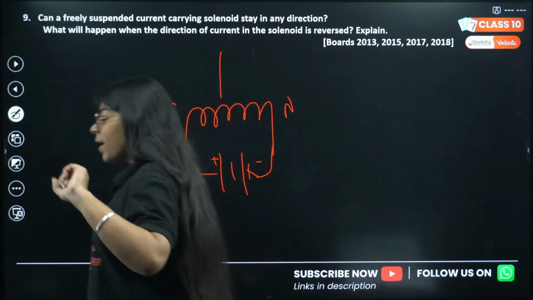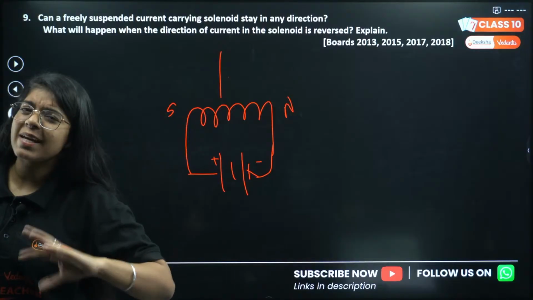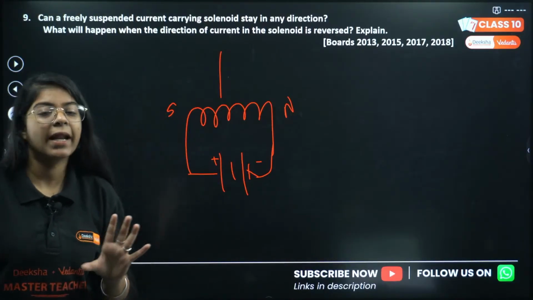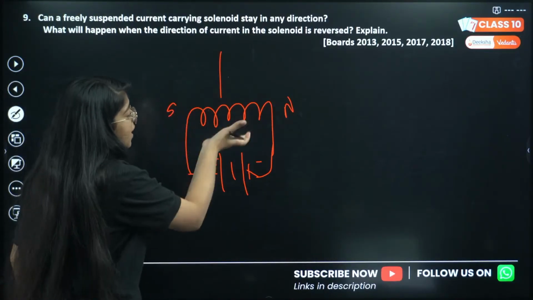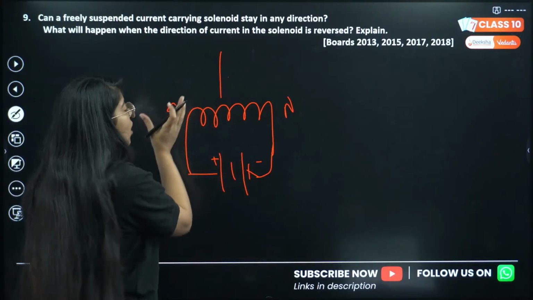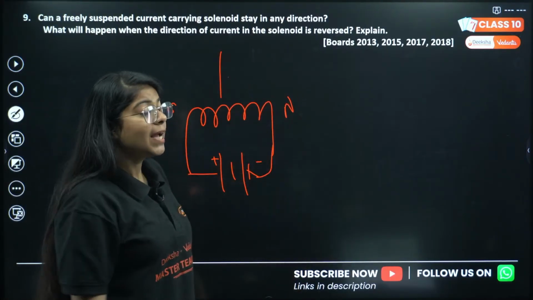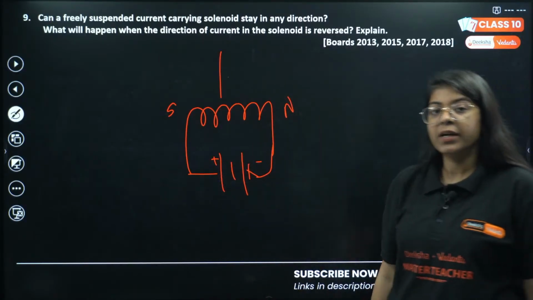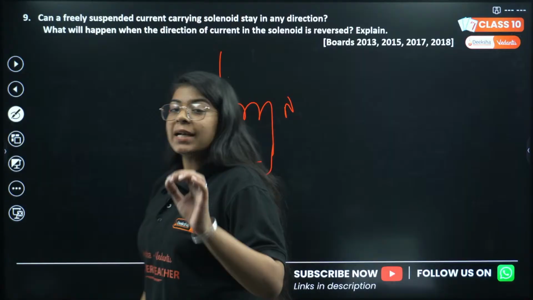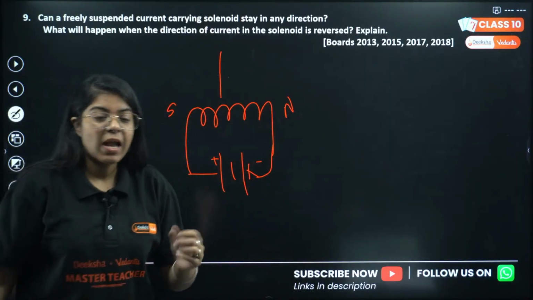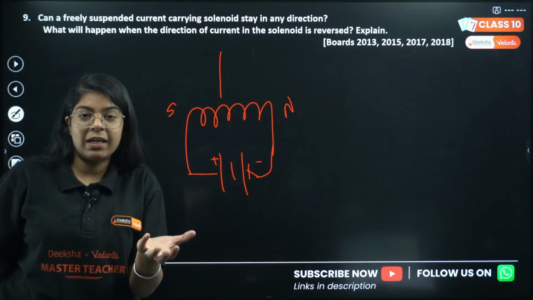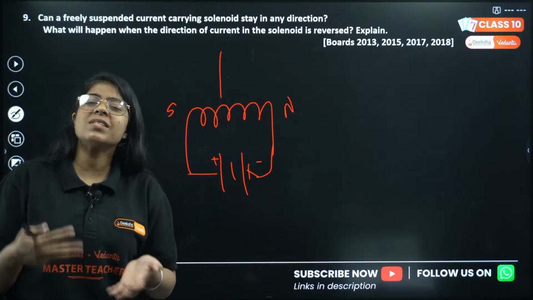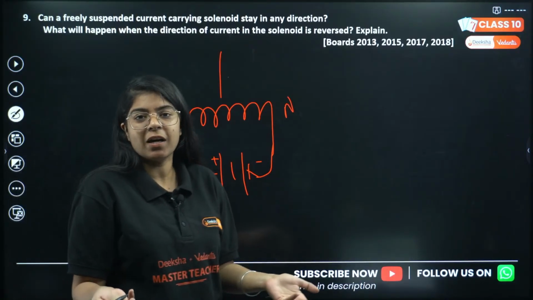Now, it won't stay still, that much we know, correct? Why? Because it's a magnet. There are south and north poles getting created on this solenoid, correct? And we know that Earth has a certain magnetic field, and if I have a compass needle, I know that a compass needle is also a freely suspended magnet, right?